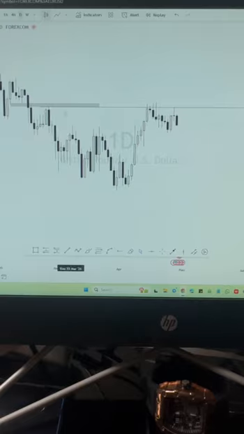So when the market got here, I quickly dropped down to the daily time frame, right? So we have a weekly time frame over here, and then I dropped down to the daily time frame. On the daily time frame, we could see the market is actually reacting on an order block.